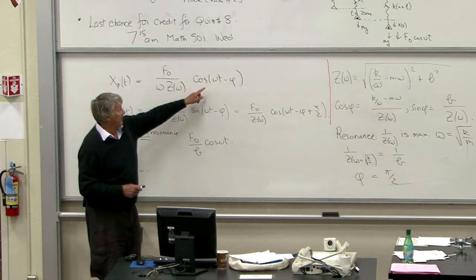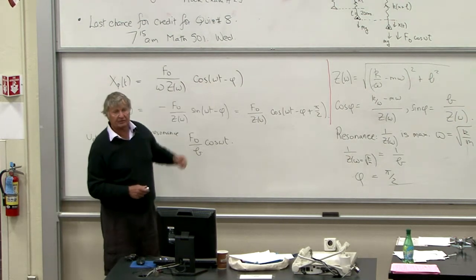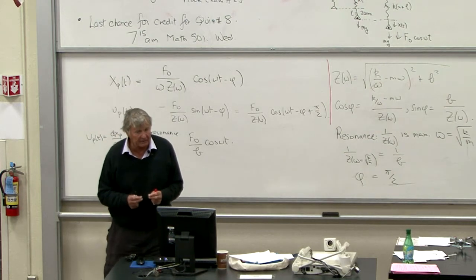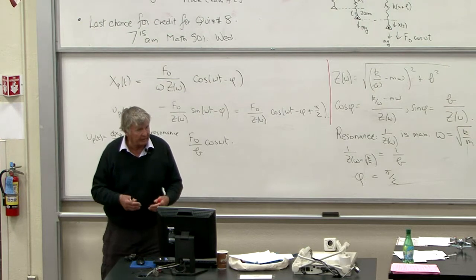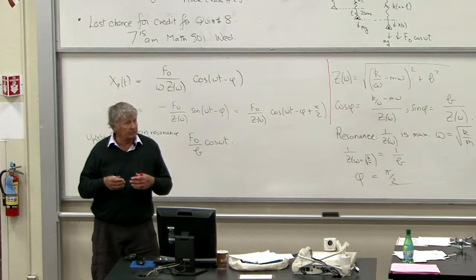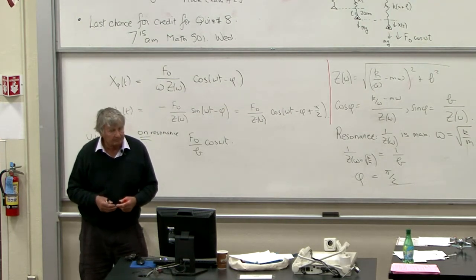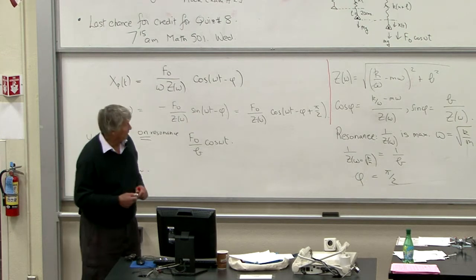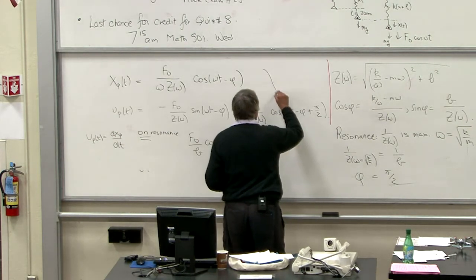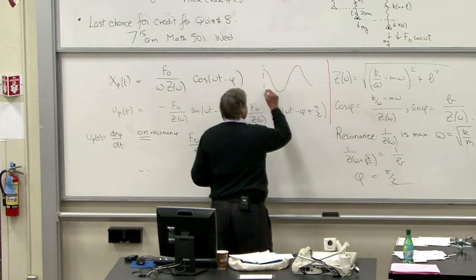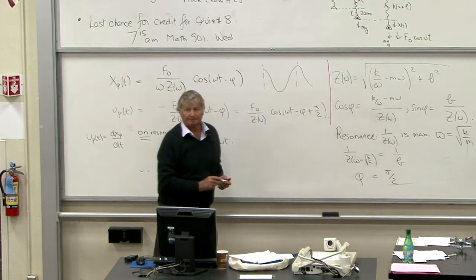How long does it take? What has to happen to the product omega times t? If you start off, if it's a cosine, you want to come back to the graph of a cosine, which looks something like this. How long does it take to come back?